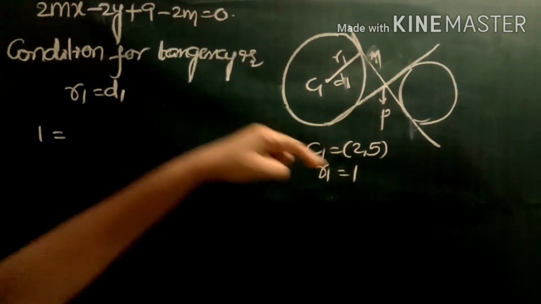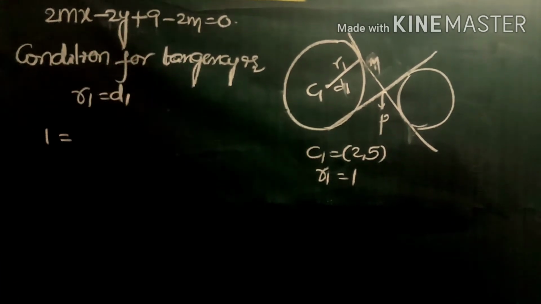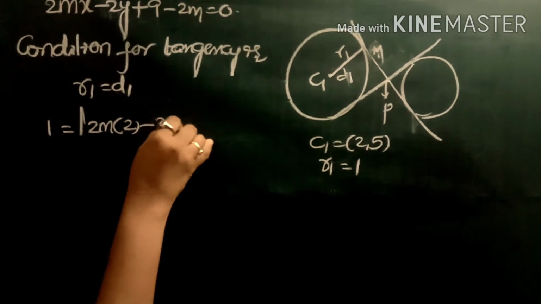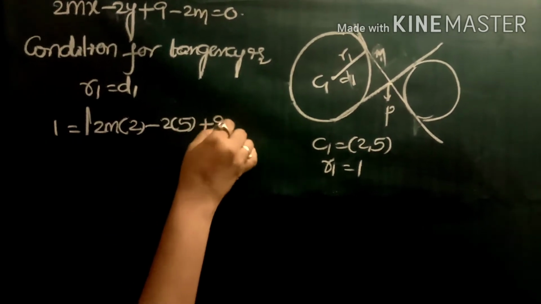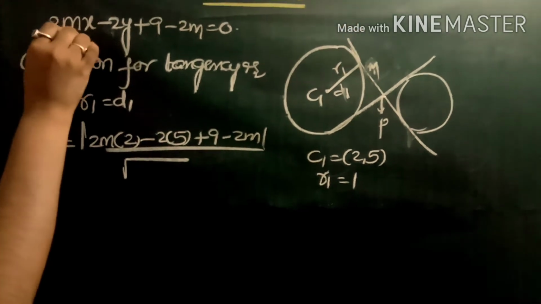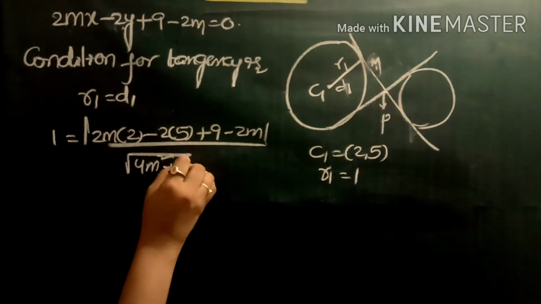Perpendicular distance from center to the line, that is, the perpendicular distance from (2, 5) to this line, which implies 2m into 2 minus 2 into 5 plus 9 minus 2m, by square root of a square plus b square. A square is 2m whole square, that is 4m square, plus minus 2 whole square, 4.